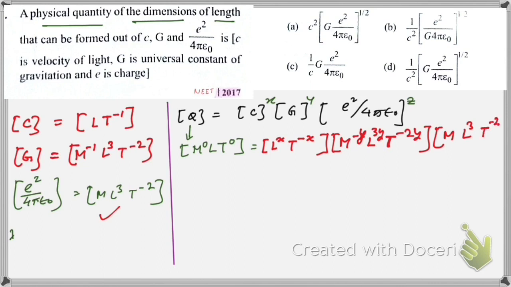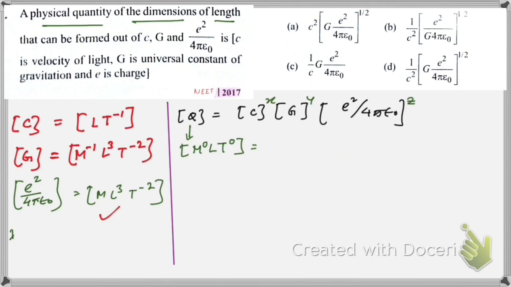As the power on this is Z, we can write M to the power Z, L to the power 3Z, T to the power minus twice Z. That's what we can write. Let me write these things clearly. Okay, just wait.